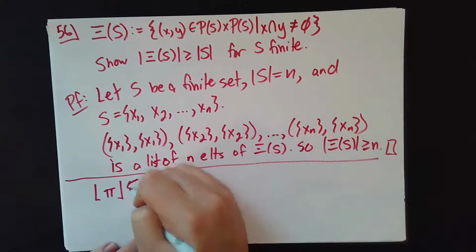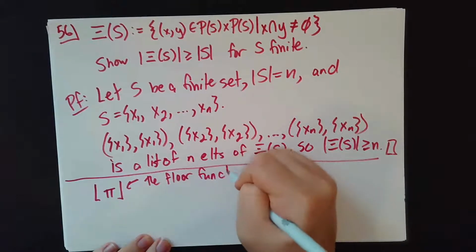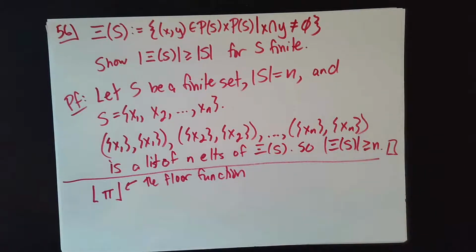Okay, so this is the floor function. And what the floor function does is to give you the biggest integer that is less than or equal to this number.